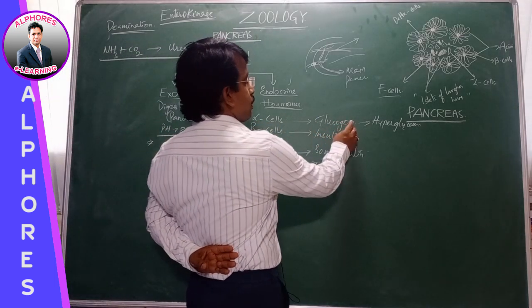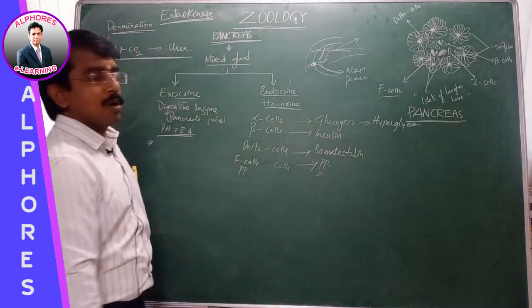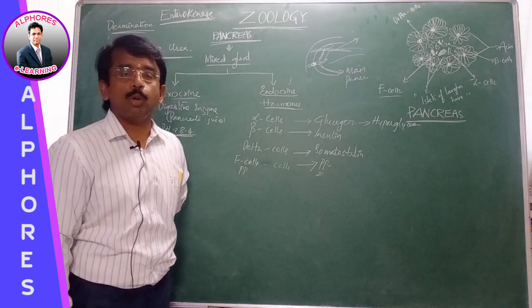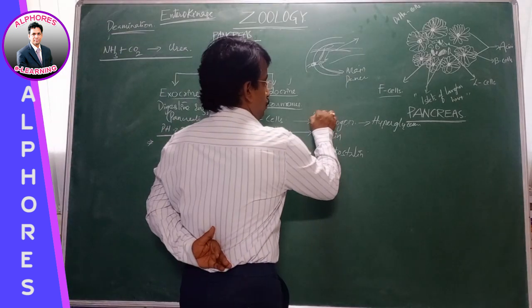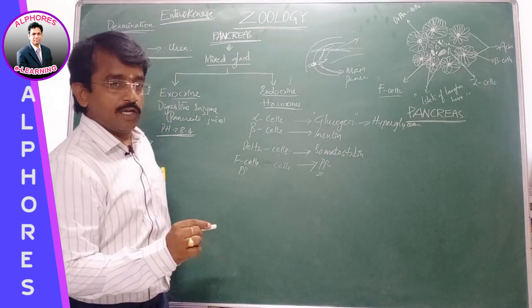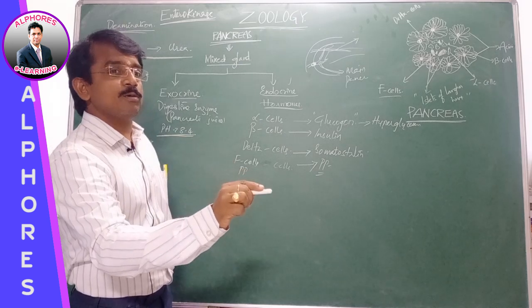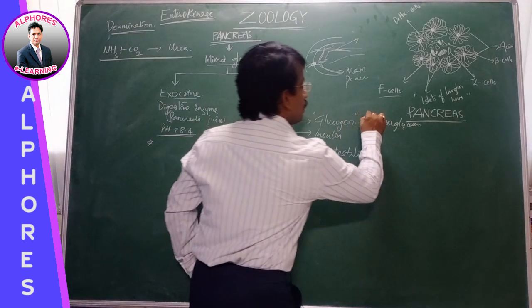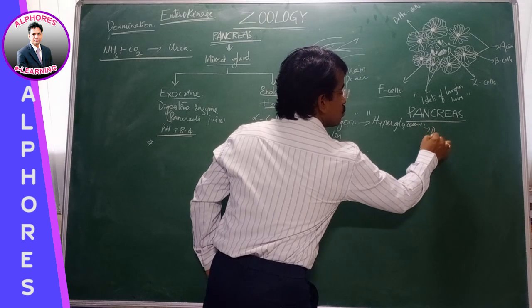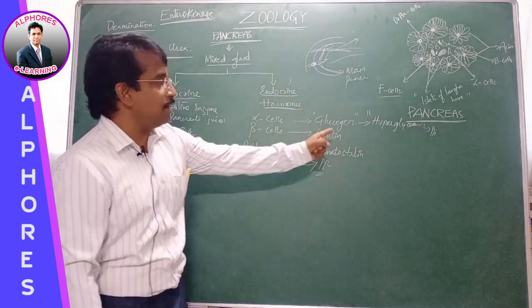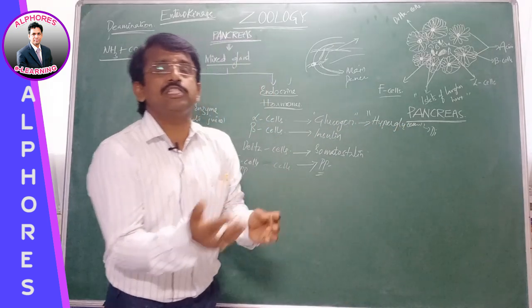Alpha cells secrete the glucagon. Glucagon converts the glycogen into glucose. So it increases the glucose level. So it is a hyperglycemic hormone. Hyper means more.